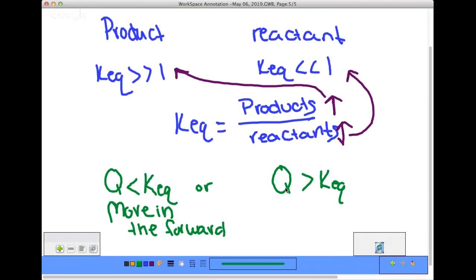Over here, if Q is greater than KEQ, that means the products are too large and we need to move in the reverse. So comparing your reaction quotient to your equilibrium constant just tells you whether the reaction will proceed in the forward or reverse direction.